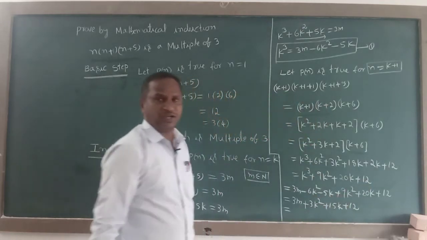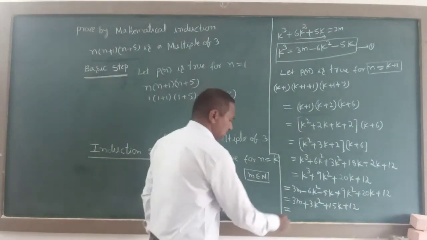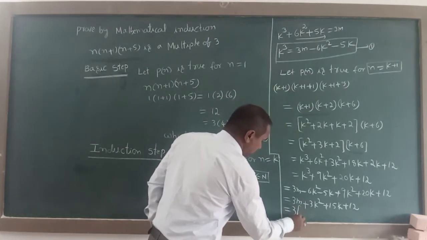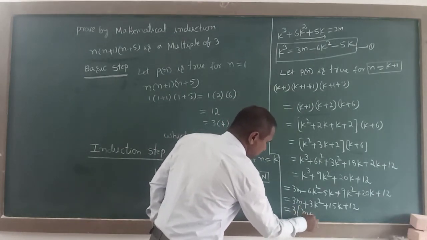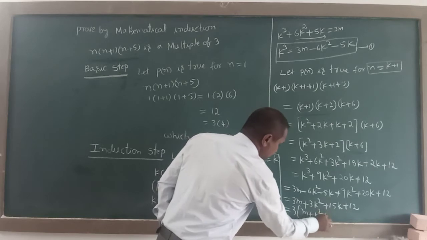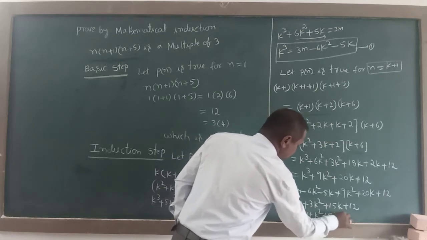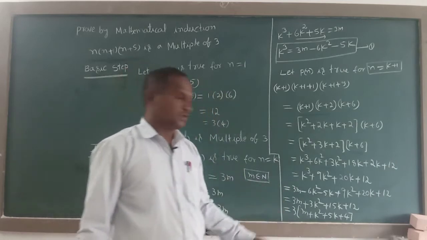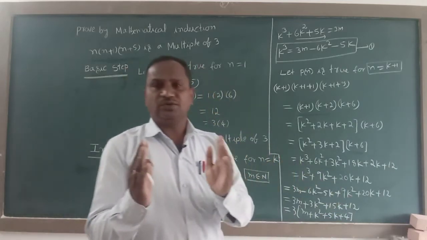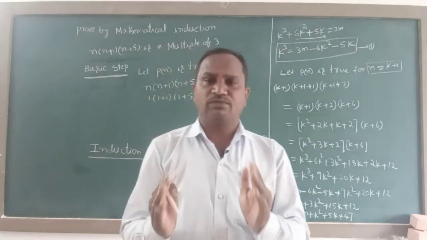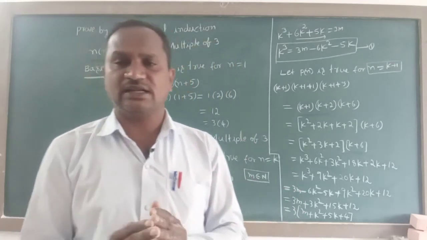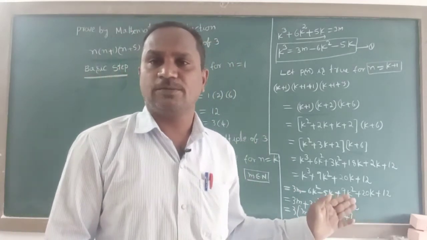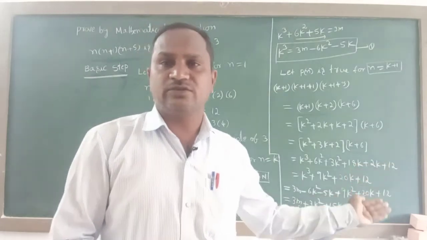From all these, what can we take common here? 3. If we take 3 common, we get 3 into m plus k square plus 5k plus 4. 3 into some finite number means it is definitely a multiple of 3, or divisible by 3.